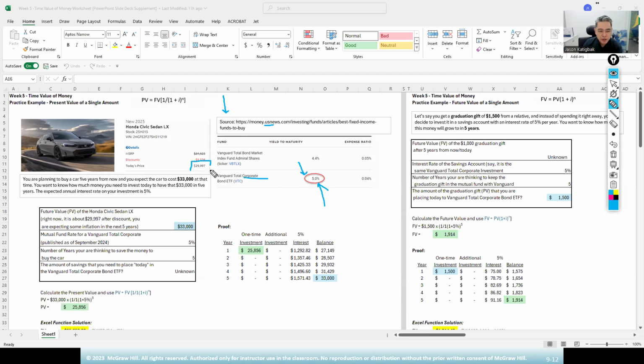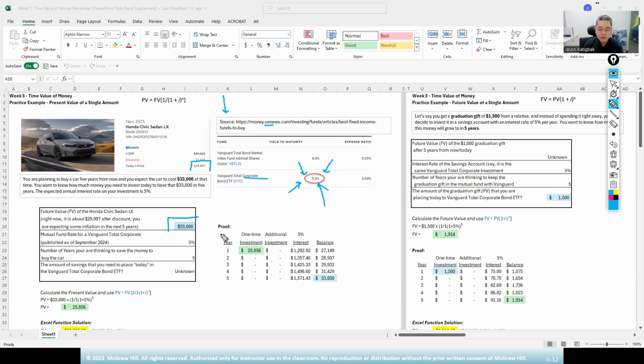In the future, this 29,000 or 30,000 will be 33. I can make an investment now, and in order for me to get 33,000, what I'm expecting is the price of the Honda Civic after 5 years, but making that money placement now in a Vanguard total corporate bond.